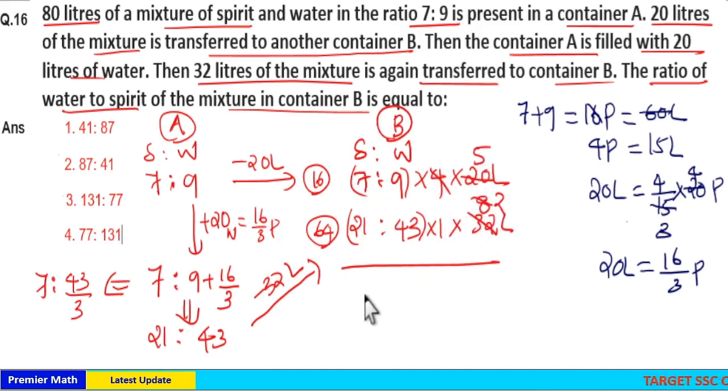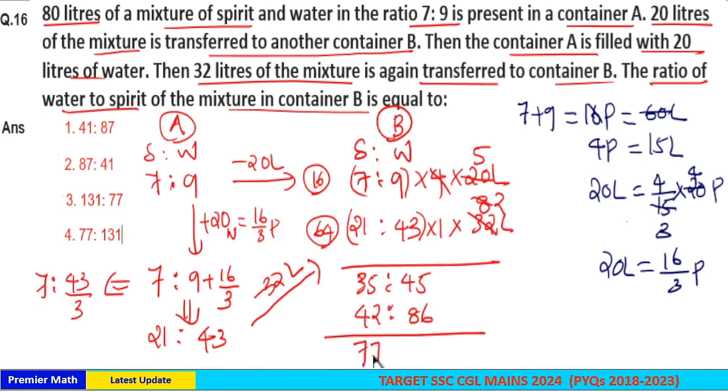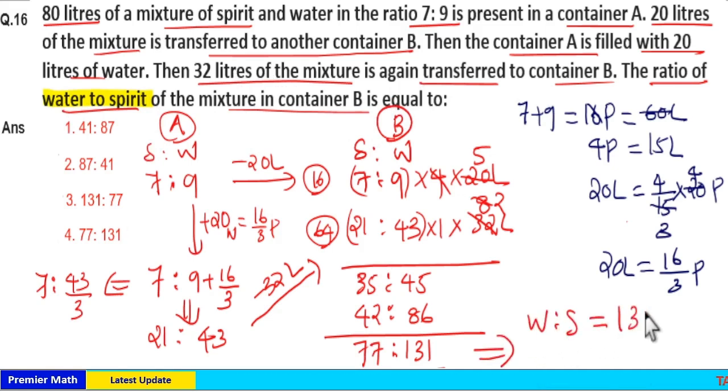Now this will become 7 into 5 is 35 and 9 into 5 is 45. Here 2 into 21 is 42 and 2 into 43 is 86. Now if you add, 35 plus 42 is 77 and 45 plus 86 is 131. So the water to spirit ratio will become 131 is to 77. Option 3 is your answer.